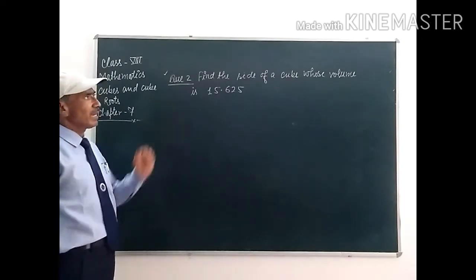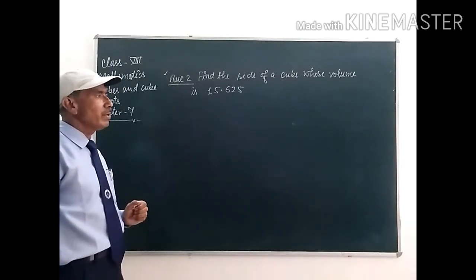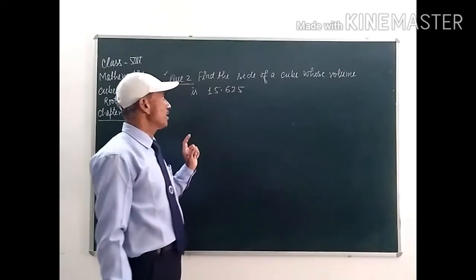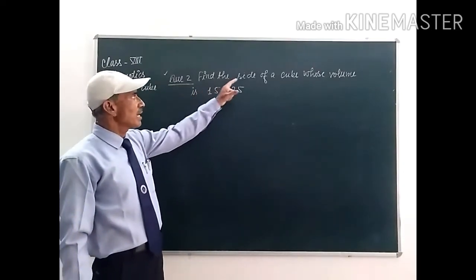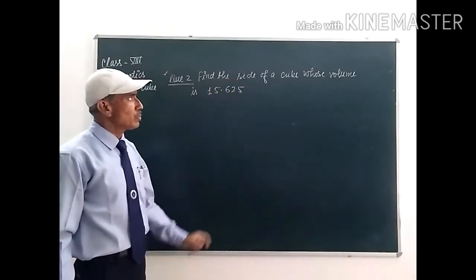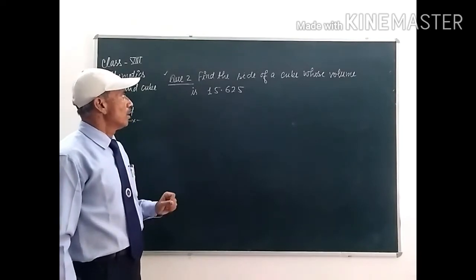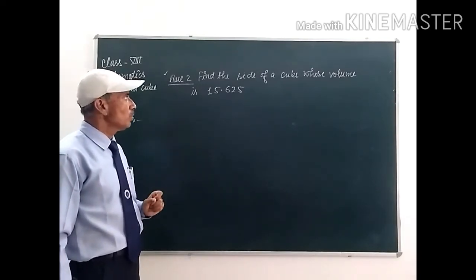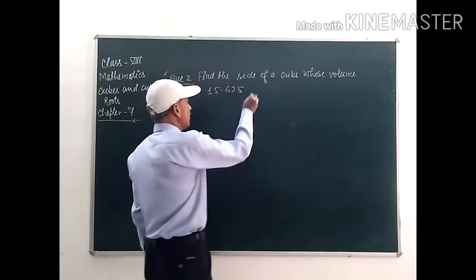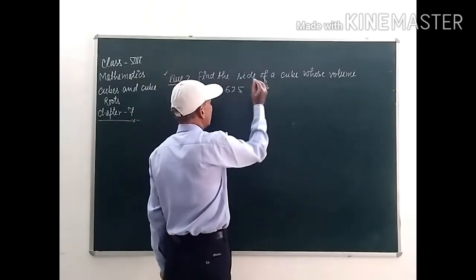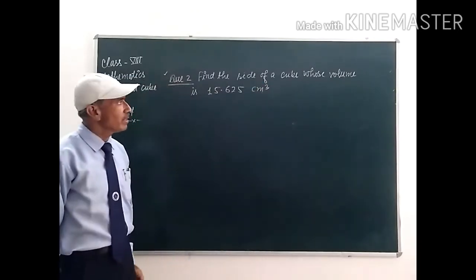Here is another type of question, okay. In this question, find the side of a cube whose volume is 15.625 cm cube, okay, students.